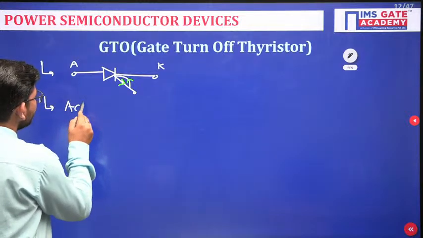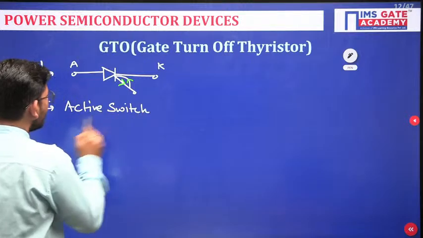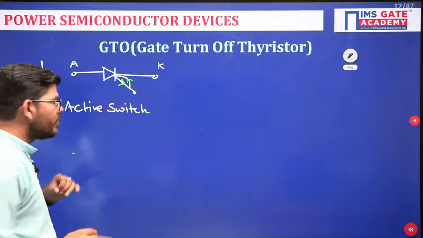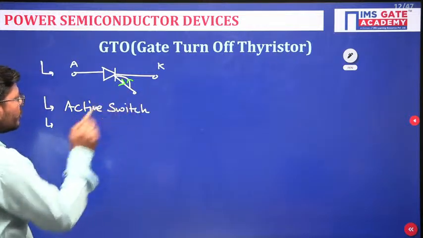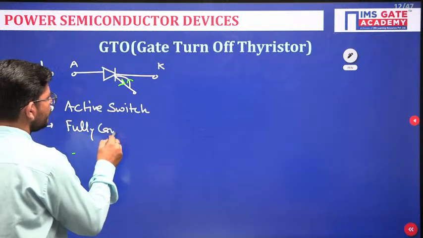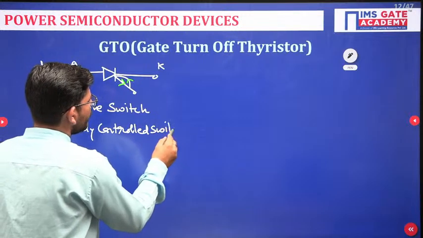It is an active switch. By the application of the control terminal, we can turn on and turn off, both, with the device. So it is a fully controlled switch.